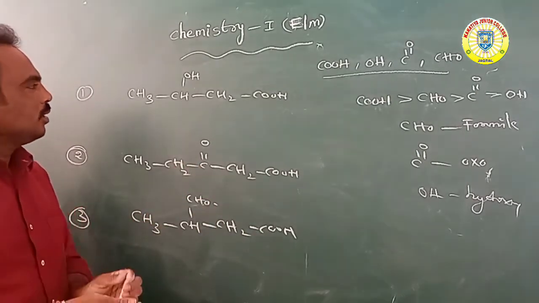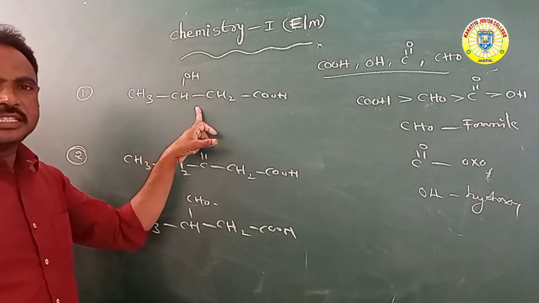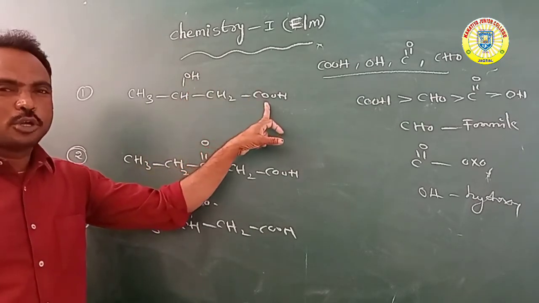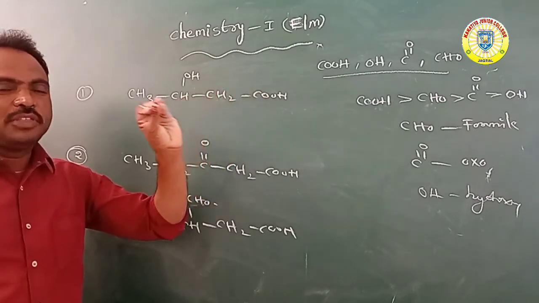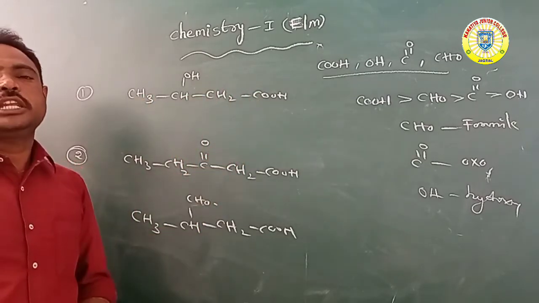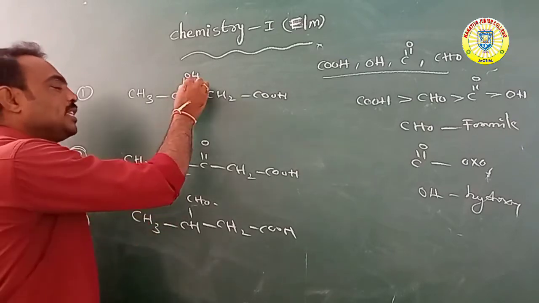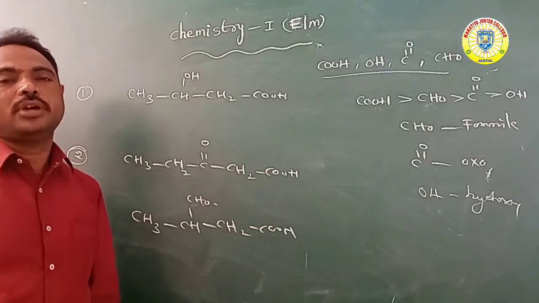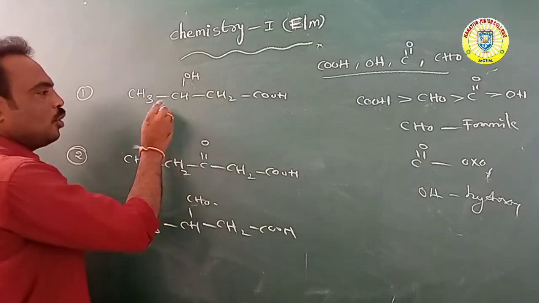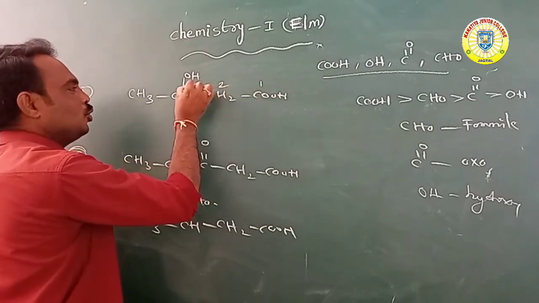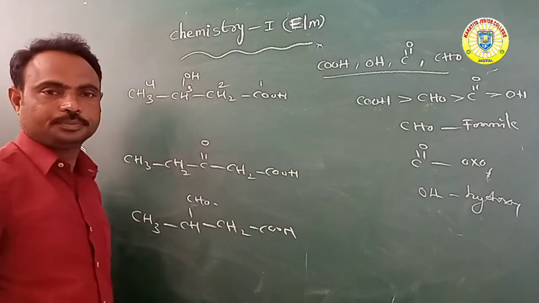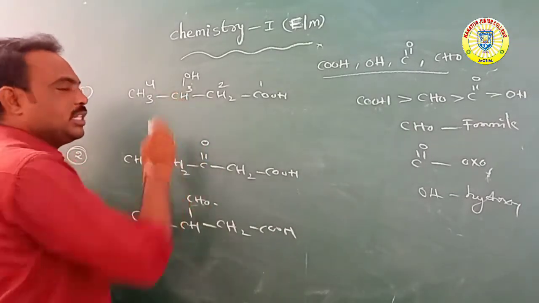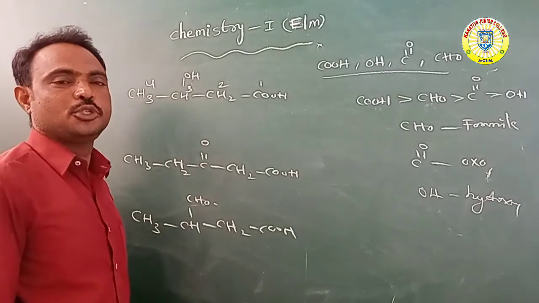So overall, in the first example, there are alcohol and carboxylic groups. We give the first preference to the carboxylic group, and OH is a substituent, which we call hydroxy. So we give the numbers 1, 2, 3, 4. COOH is the main functional group and the hydroxy group is the substituent.